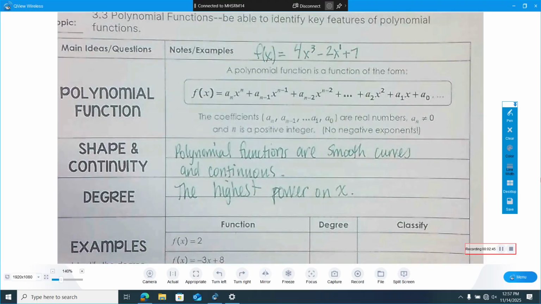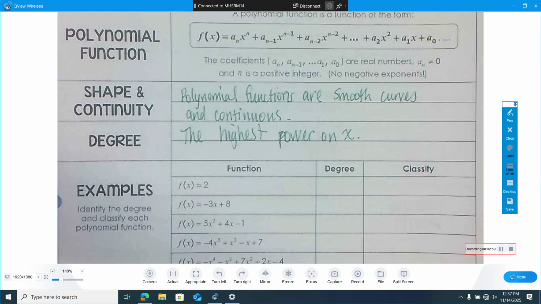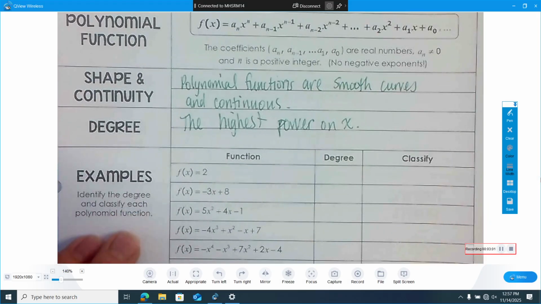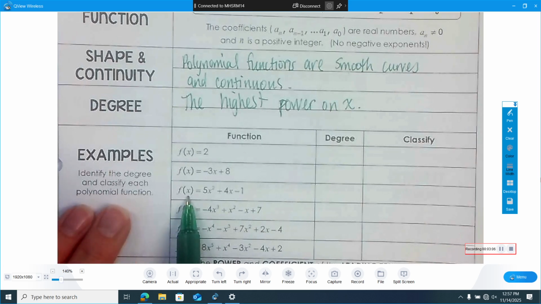And that degree tells us the basic shape, okay? It tells us a lot about what the arrows do. And we also classify our polynomials by their degree. Here, I'm going to start right here in the middle. We want to identify the degree and classify each polynomial function.